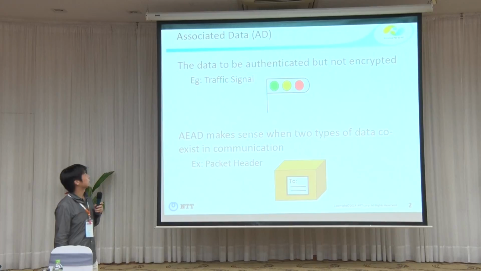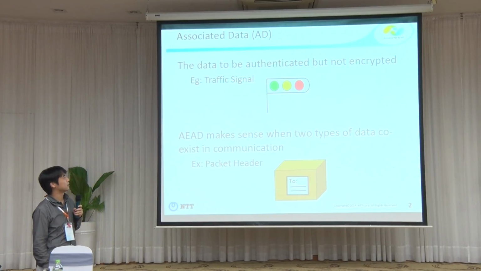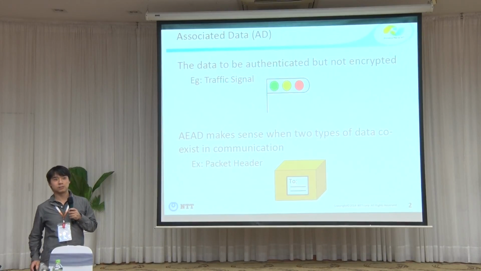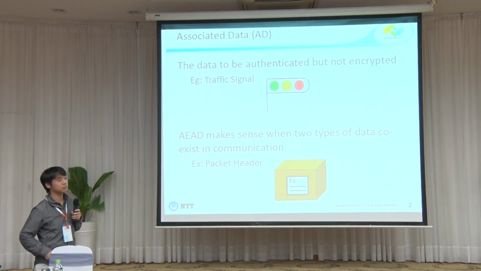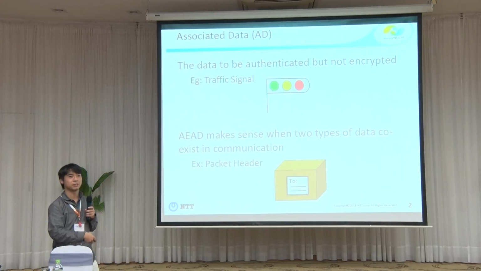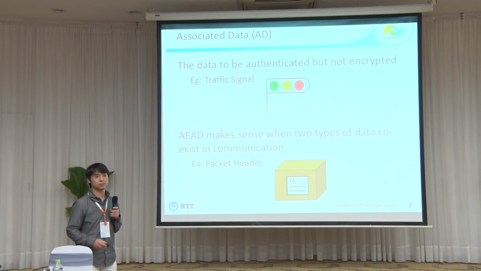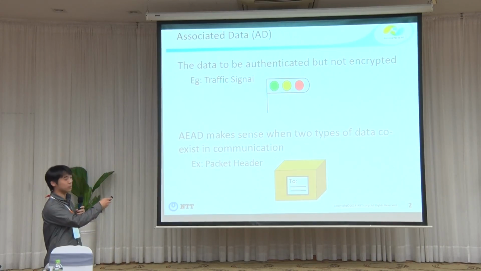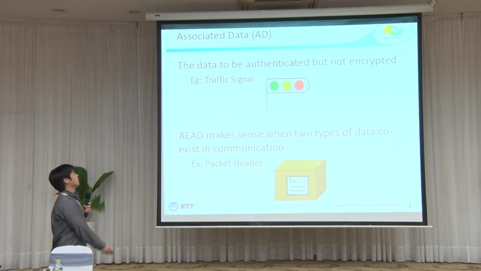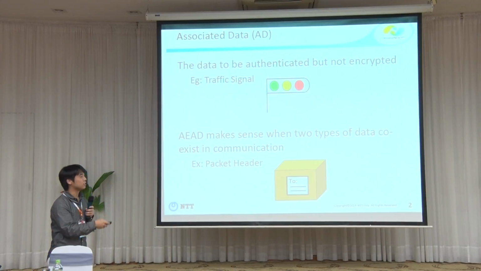Okay, and then I'd like to explain associated data. This is just the data to be authenticated but not encrypted. An example is a traffic signal; if this is encrypted, then everyone is in trouble, but we want to make sure that the data is not modified. So authenticity is required, and so AEAD is authenticated encryption with associated data.